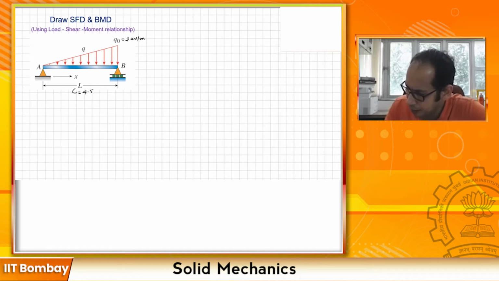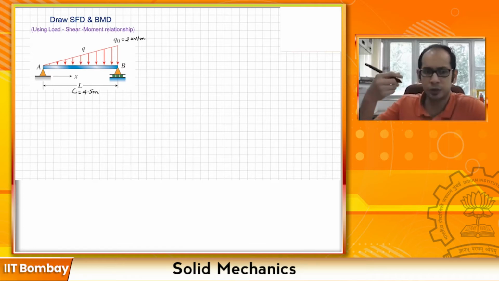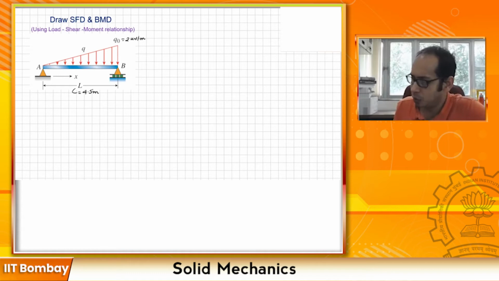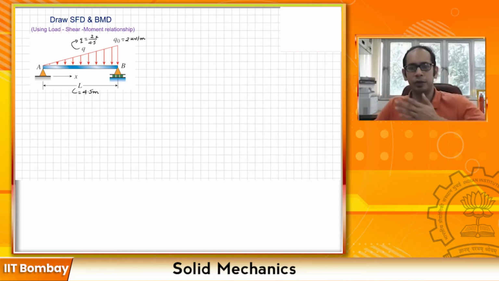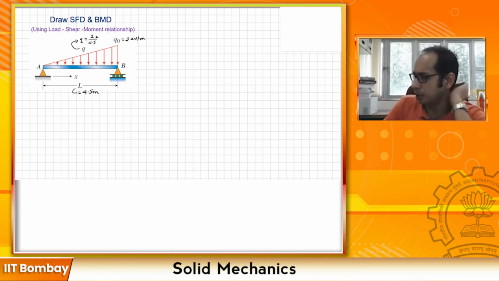Please try this problem on your own and later you can come back and check. So your q becomes equal to 2 divided by 4.5 times x. It is a linearly increasing load, so it is 0 at the left end and 2 at the right end, where you have that 4.5 length.